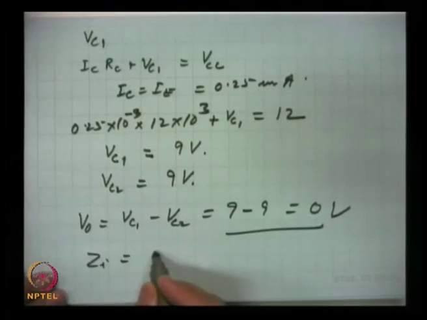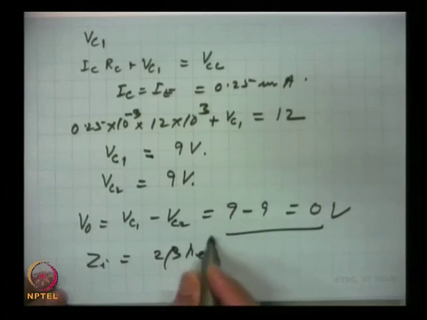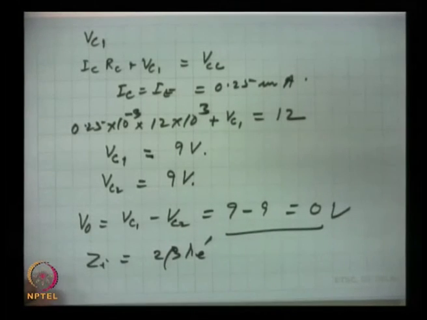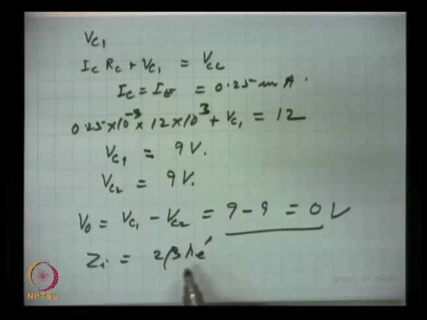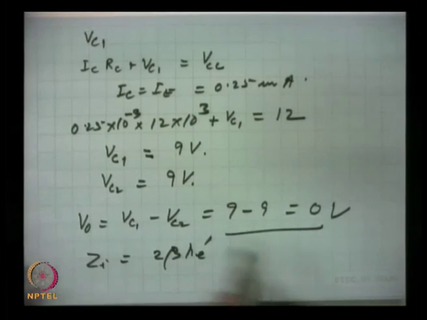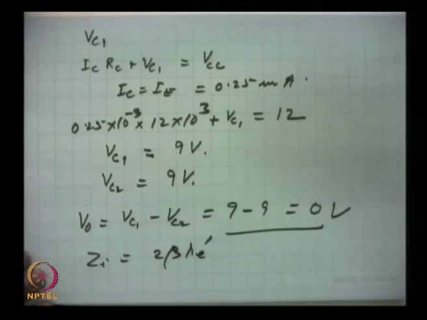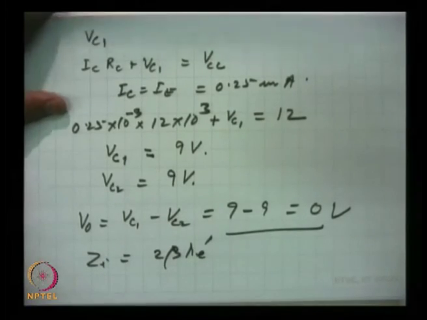So, we can find out the input impedance. Zi is 2 beta Re prime, and if we take beta as 100, Re prime we can calculate once we know IE. So, we can find out the value of this input impedance.